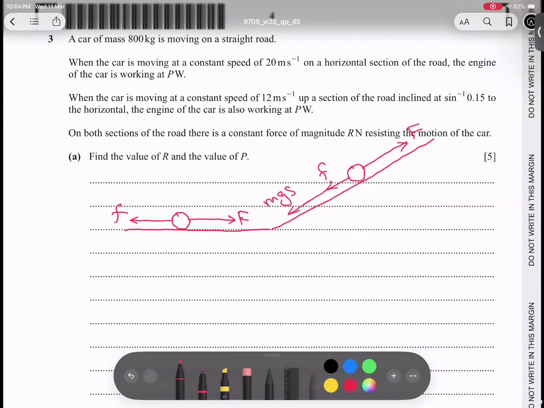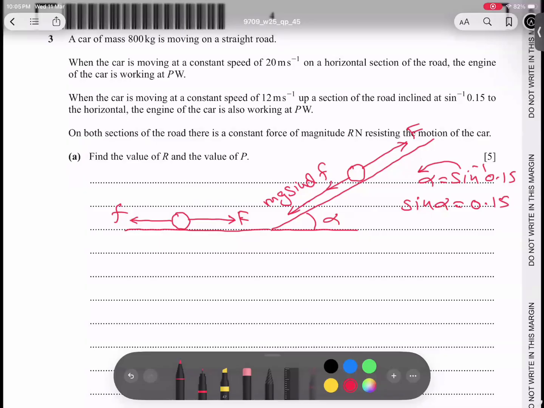You know it very well. And this angle is given, let's name it alpha. Alpha is equal to sine inverse 0.15. So sine alpha is equal to 0.15.